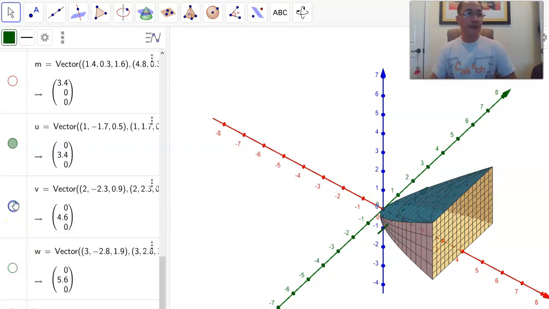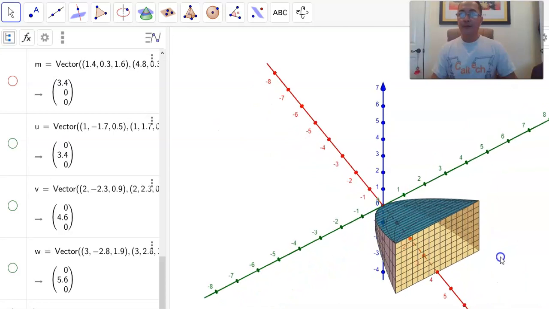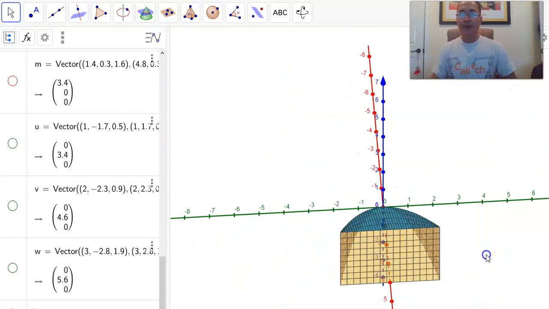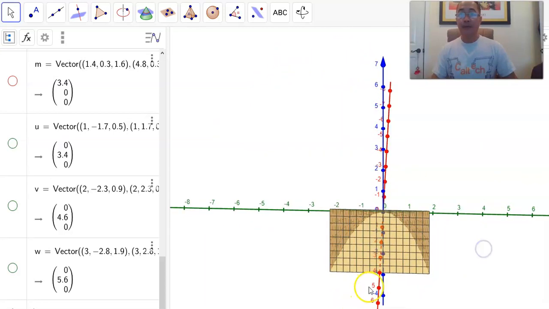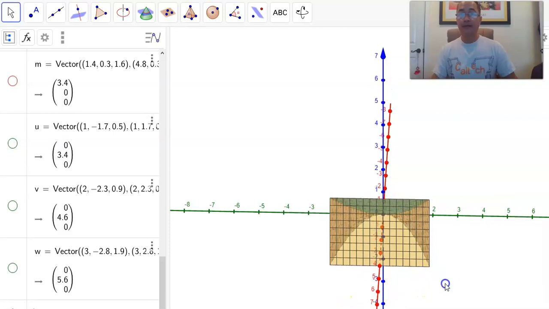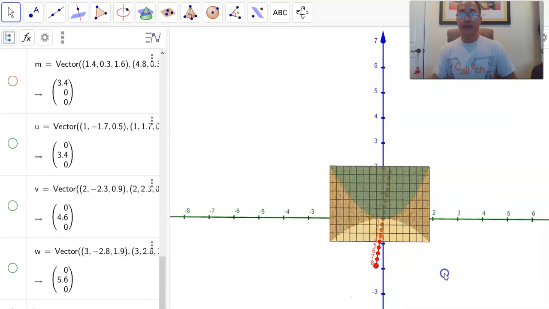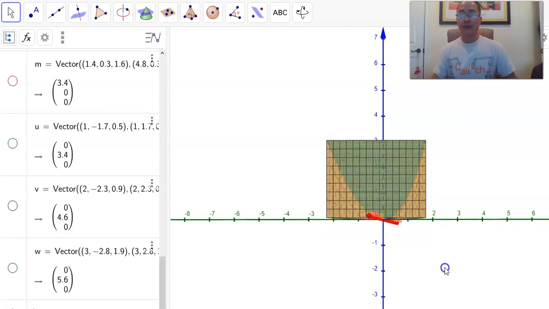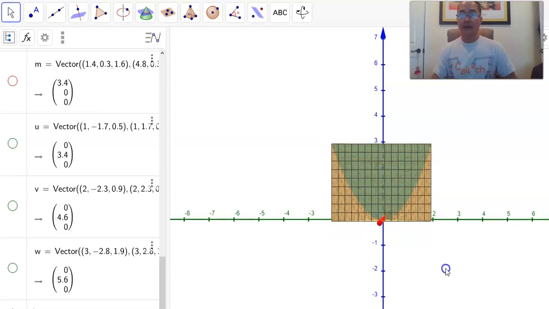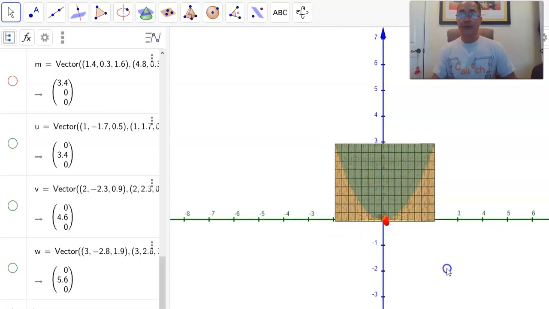I'm going to hide our green arrows over here. Front view, turn this way, and you need to be on the positive x-axis right there at the front, and our solid is in front of us, and that is our front view.